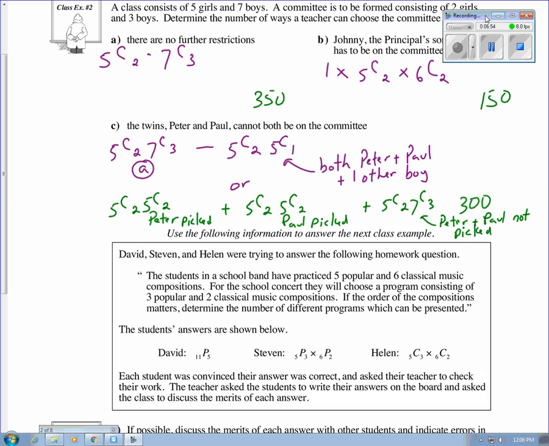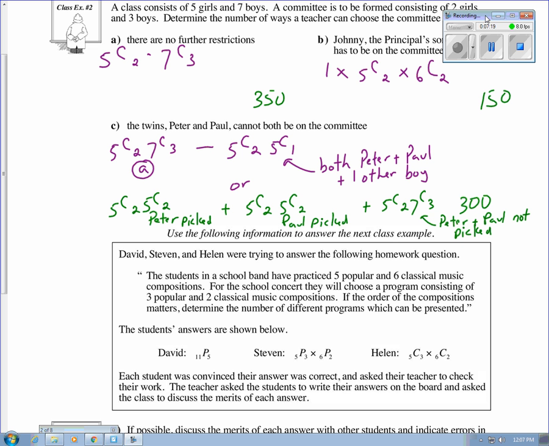Or I can do it, Peter is picked. So I have 2 more boys to pick, or Paul is picked. I have 2 more boys to pick, but I can't pick the opposite twin. So that's why my selection is down to 5. Or the situation where I have Peter and Paul not being picked.